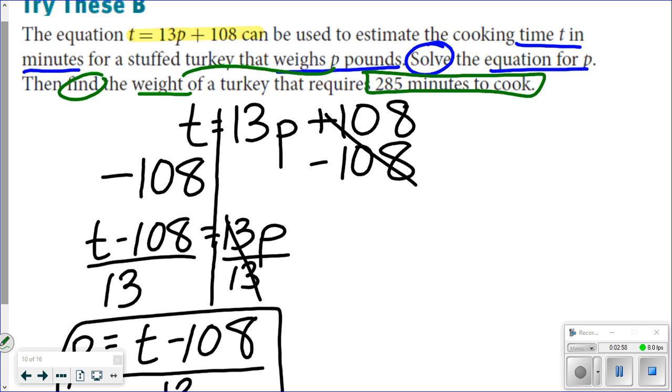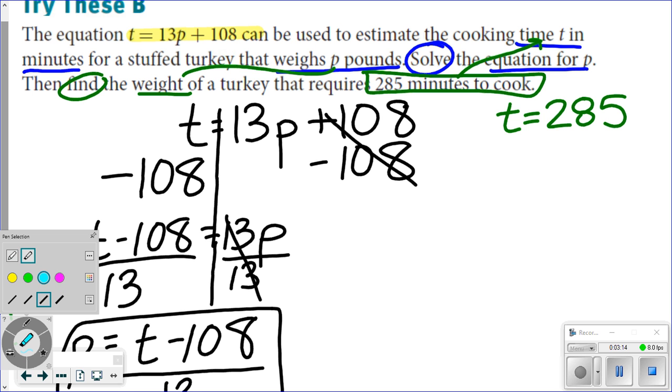Minutes. Ooh, minutes is cooking time T. So we know that T equals 285. So what we're going to do is substitute or plug that in to T.